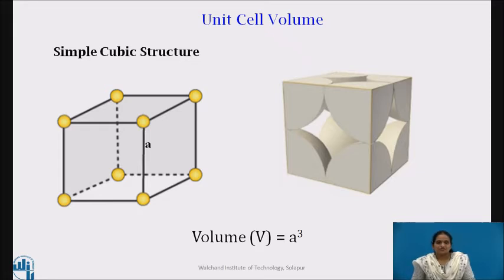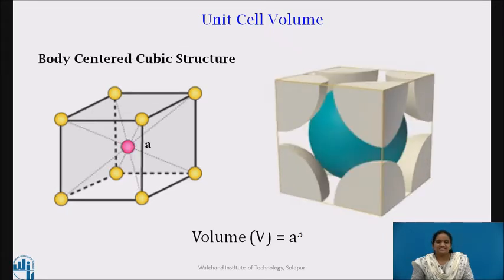Now let us see the first one, volume. A unit cell is said to be primitive when the cell has lattice points only at its corners. The primitive cubic unit cell is also called a simple cubic unit cell. In case of cubic cell, all the edges of the cube are of equal length a, therefore the volume for SC is given by a cube.